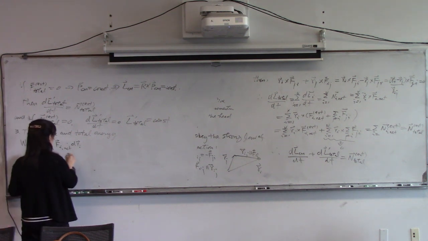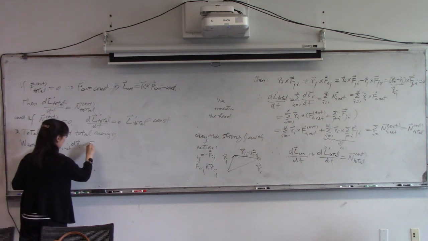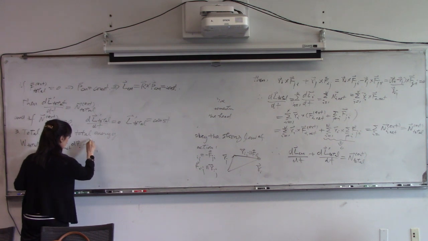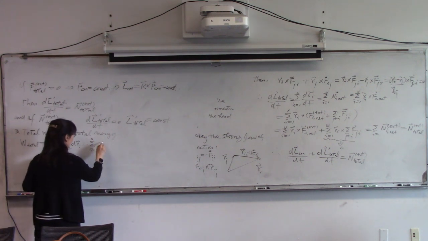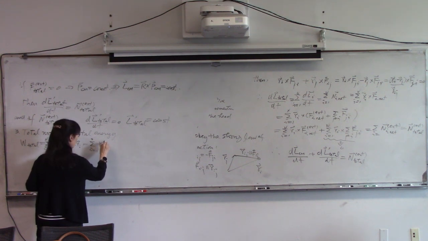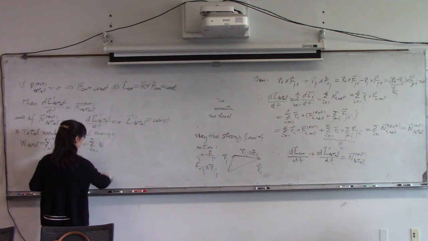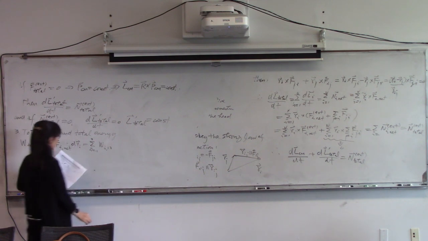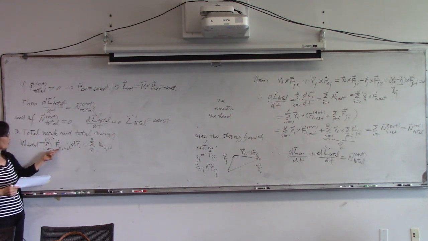Now if I rewrite this, since we already have a single particle, that is W with index i, from 1 to 2. Do you agree?